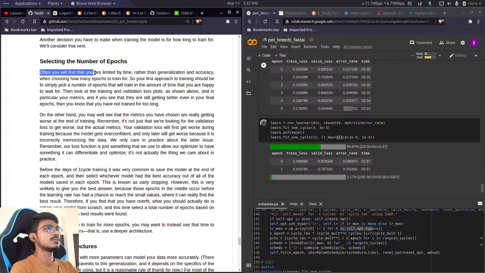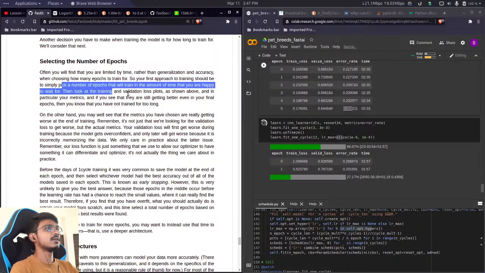Often you will find that you are limited by time rather than generalization and accuracy. Choosing how many epochs to train for, so your first approach to training should be simply to pick a number of epochs that will train in the amount of time that you are happy to wait for.